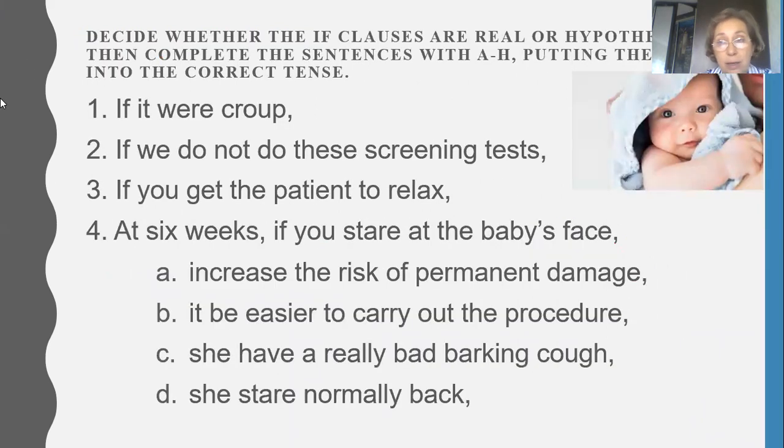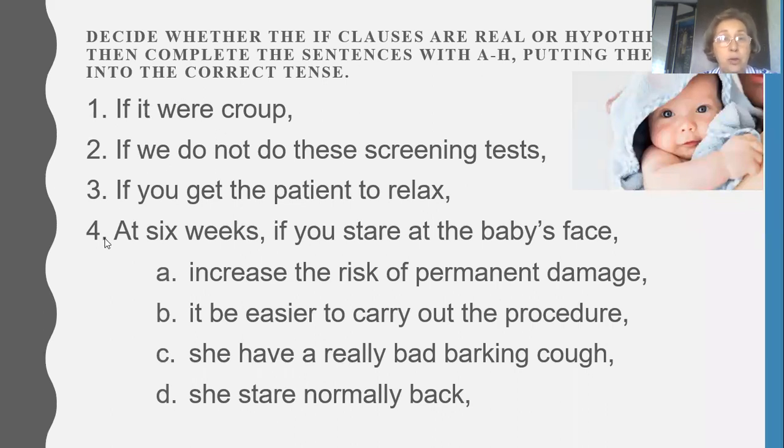And let us have a look at the sentences. Actually, these are the beginnings of the sentences from 1 to 4. And we should decide whether the if clauses are real or hypothetical, whether they are first conditional or second conditional.